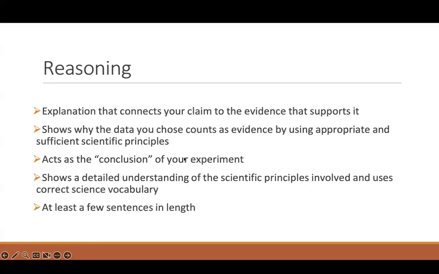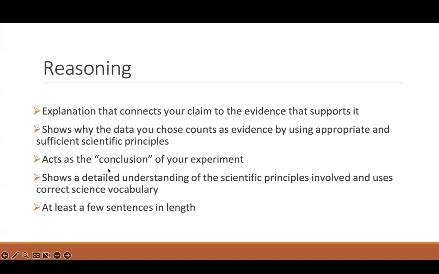And lastly, you have your reasoning. And so your reasoning is an explanation that connects your claim and the evidence. So how does or why does this evidence that you're citing, what's the reasoning? What's the rationale that you're using to say that it is supporting your claim? So why the data that you chose counts as evidence, and why does it support your claim?